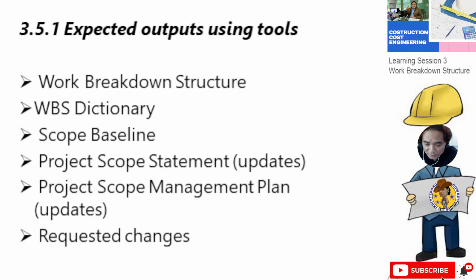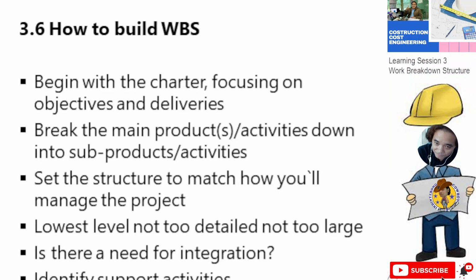Okay, so this one is either a positive or negative variation of the project. So these are changes. Either it will be added to your cost, so that is a positive change, or it will be deducted from your cost, that is a negative change of your cost. Number 6 is how to build a WBS.